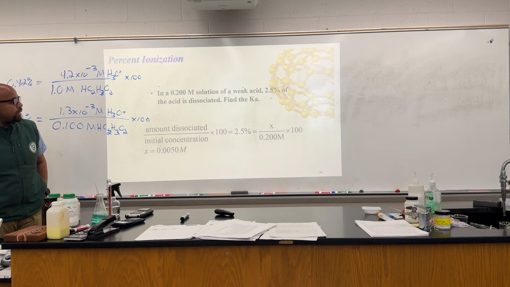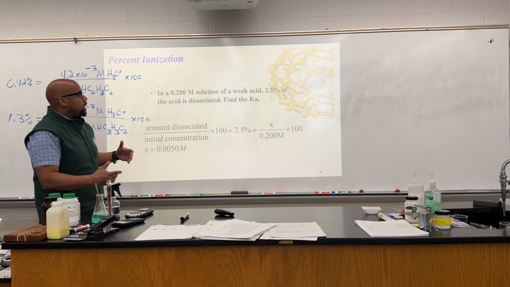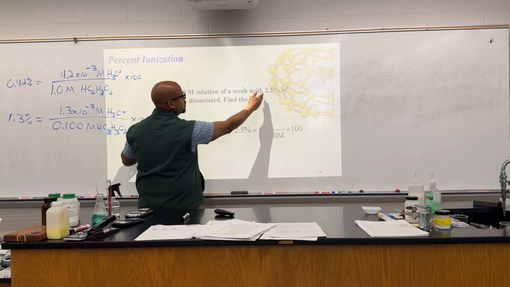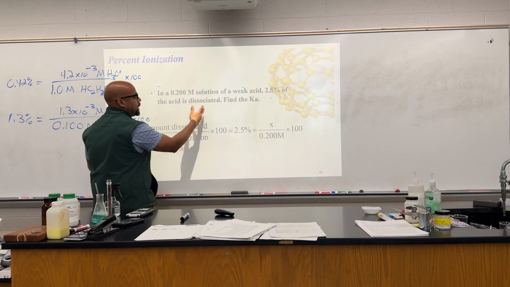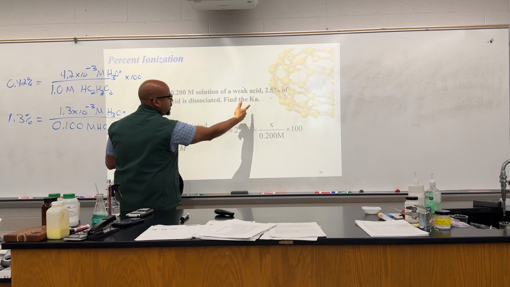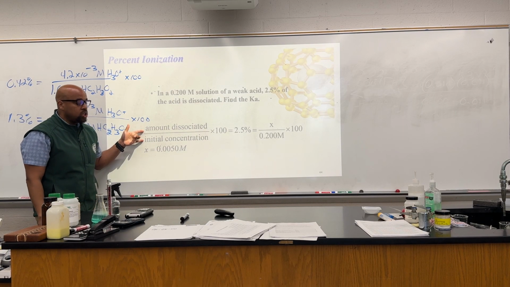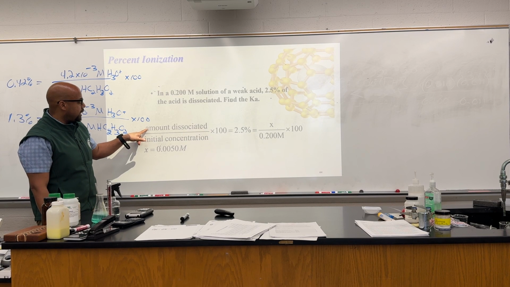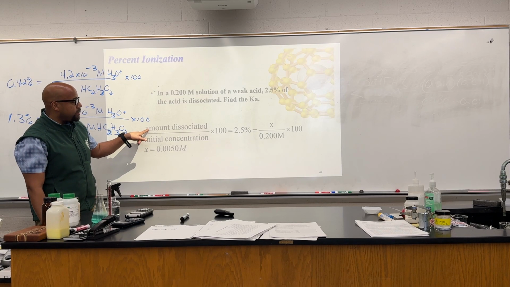All right, here we go. This is a problem we looked at previously, where they tell us we've got a 0.2 molar solution of this weak acid, and 2.5% of the acid dissociates, and they want us to find the Ka. One thing I could do is use our equation here, which relates the initial amount of the acid to the H3O+.